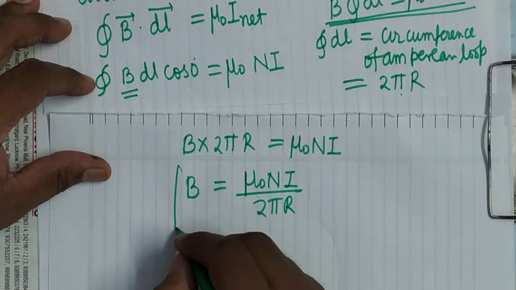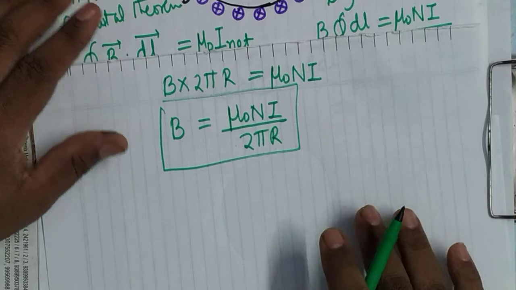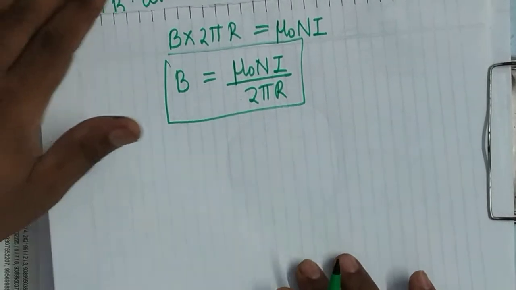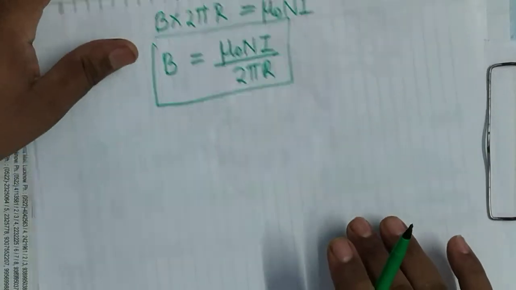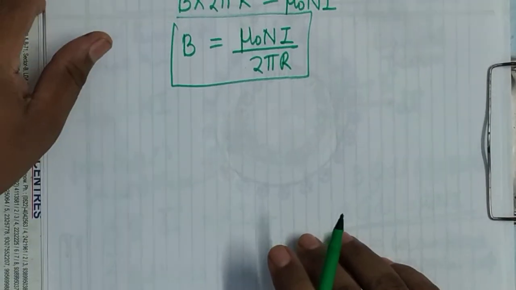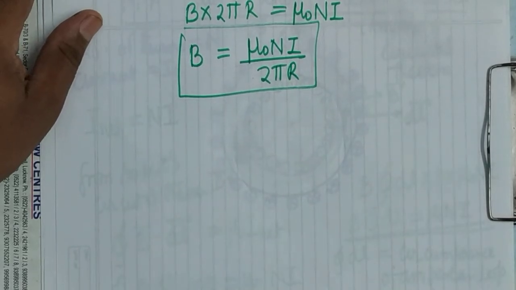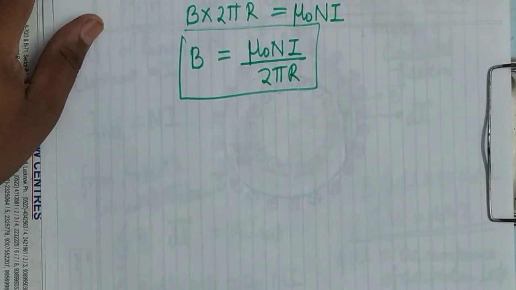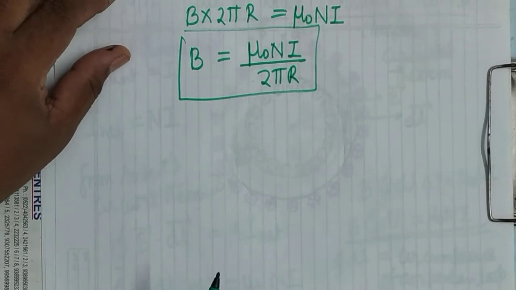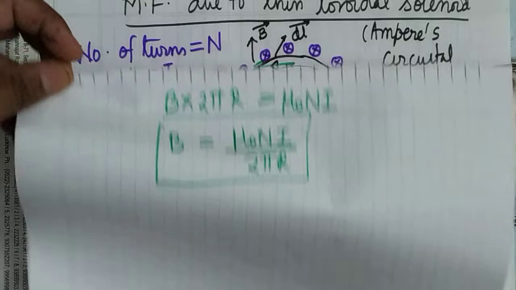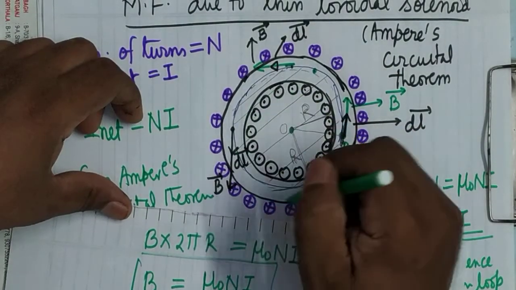This is the magnetic field inside the core of a thin toroidal solenoid, where capital R is the average radius of the solenoid, I is the strength of current flowing, and N is the total number of current turns in the toroidal solenoid. Now see here, there are N current turns. What is this distance?